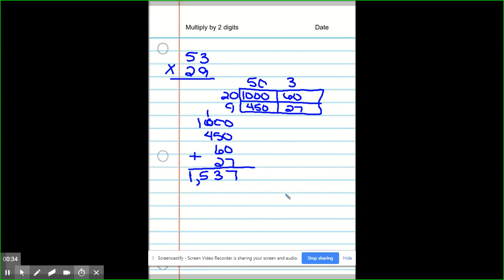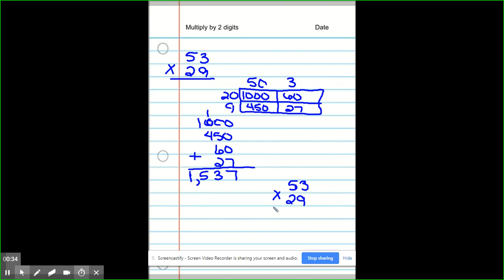But we have been working with where we would take 53 times 9, and we would take that 9 and multiply it through everything up here on the top row. That same thing is going to apply down here. So let's say I now have 53 times 29 using the standard algorithm.